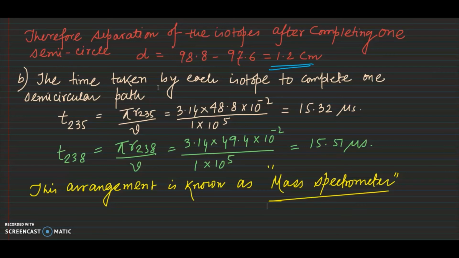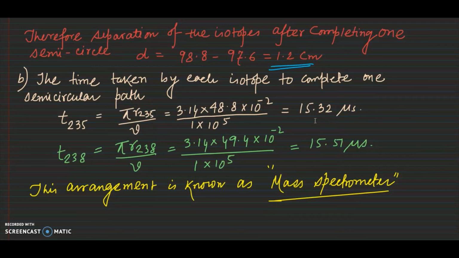And also I need to calculate the time taken by each isotope to complete one semicircular path. The semicircular path will be pi r, I mean half of the total circle perimeter. So T235 will be pi r235 divided by v, where this is the velocity.